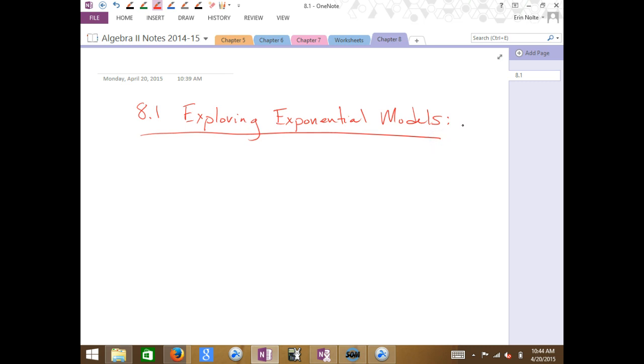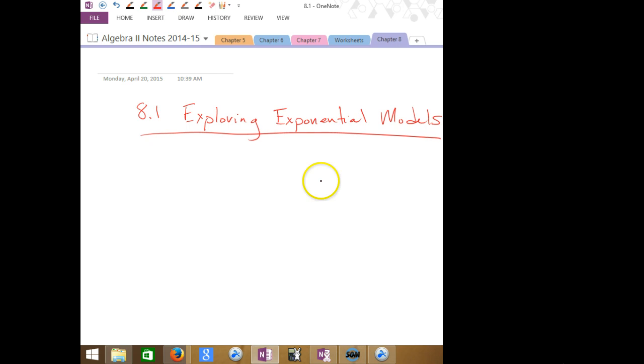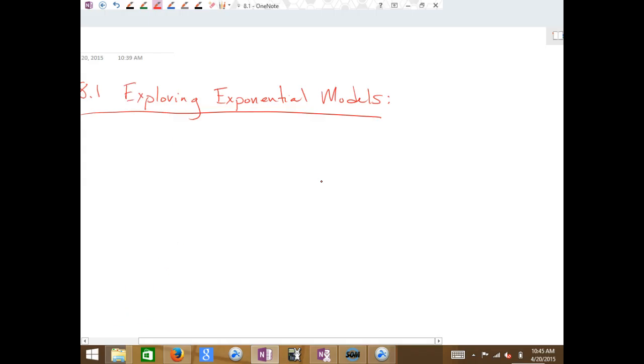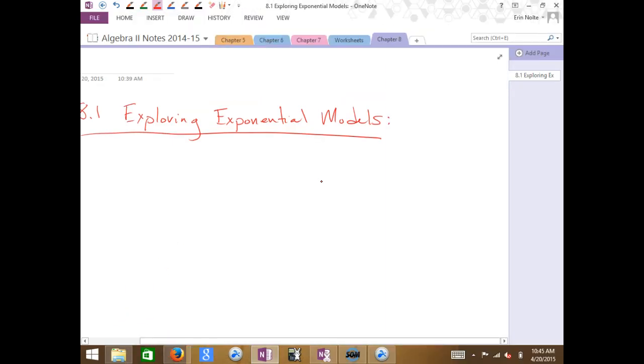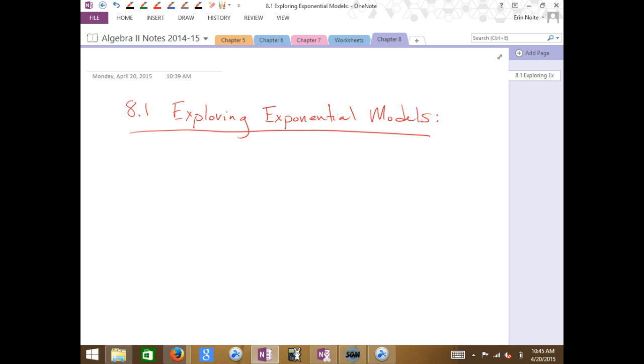All right. So A1 is called Exploring Exponential Models. We're going to talk about what an exponential function is, what they look like, so we're going to graph them, and then I'm going to show you how to come up with an exponential equation given 2 points.